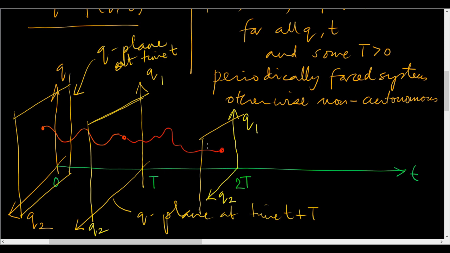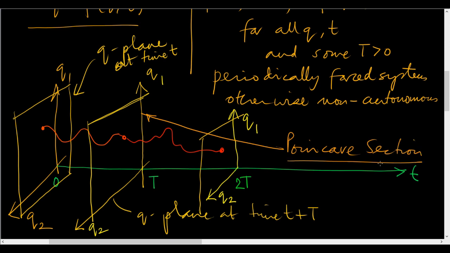So this plane is called a Poincare section, as in section as in the same sense as cross section. It is a plane here. This red one here is a trajectory. This point here is where it cuts the Poincare section.